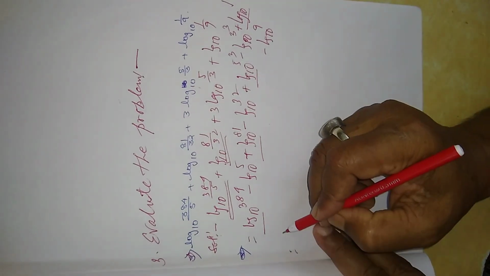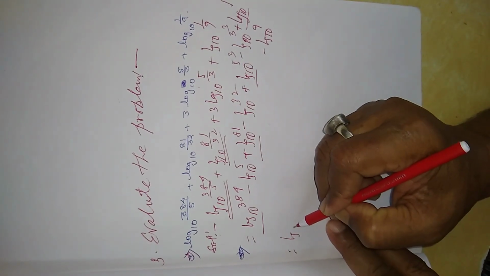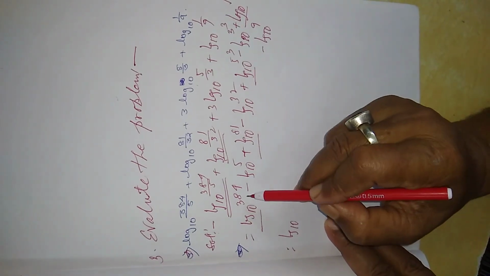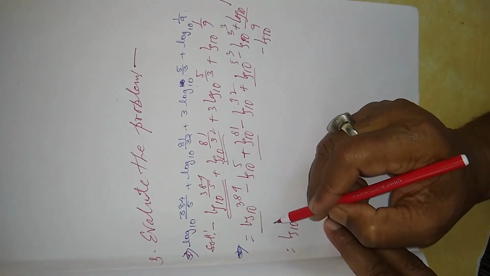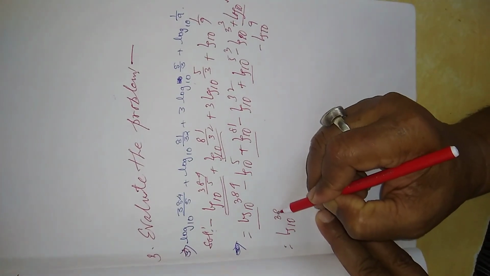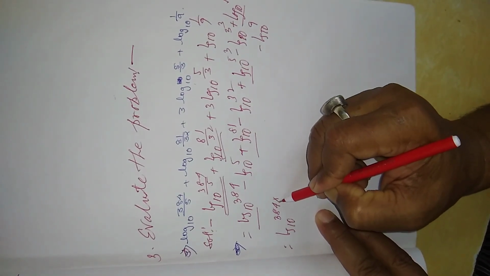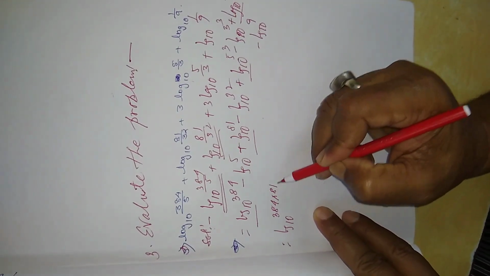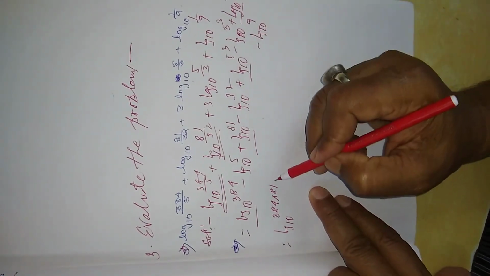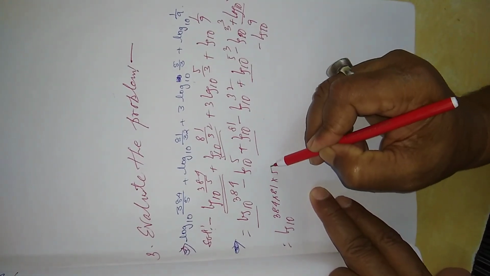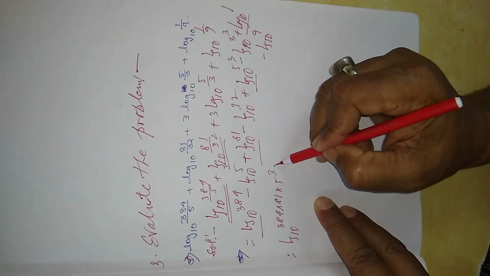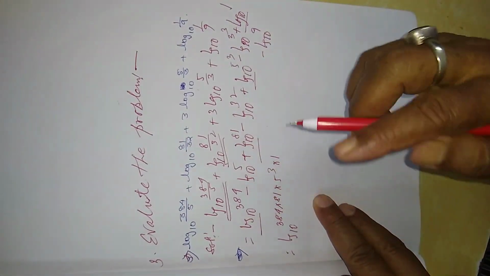So you can write log of 384 into 81 into 5 cube into 1, the pluses are over.